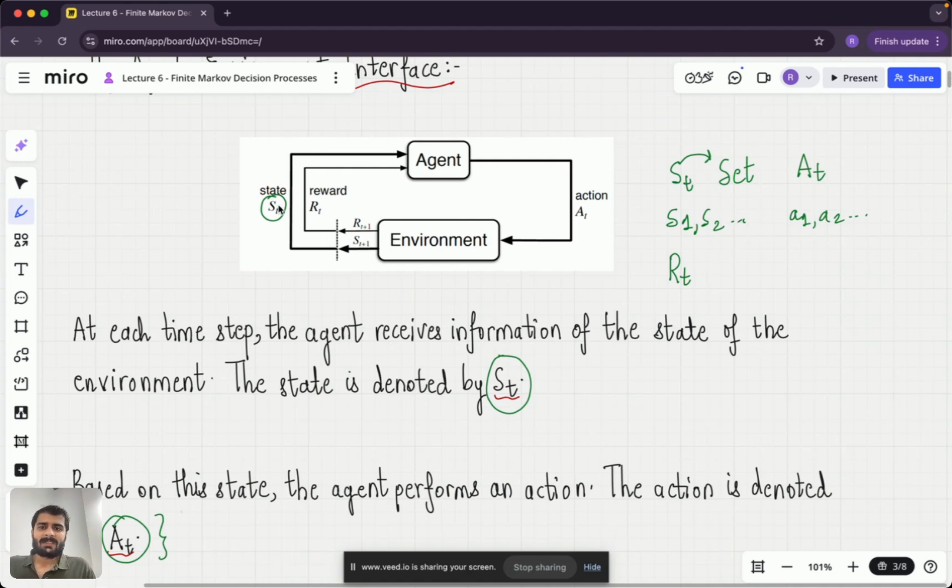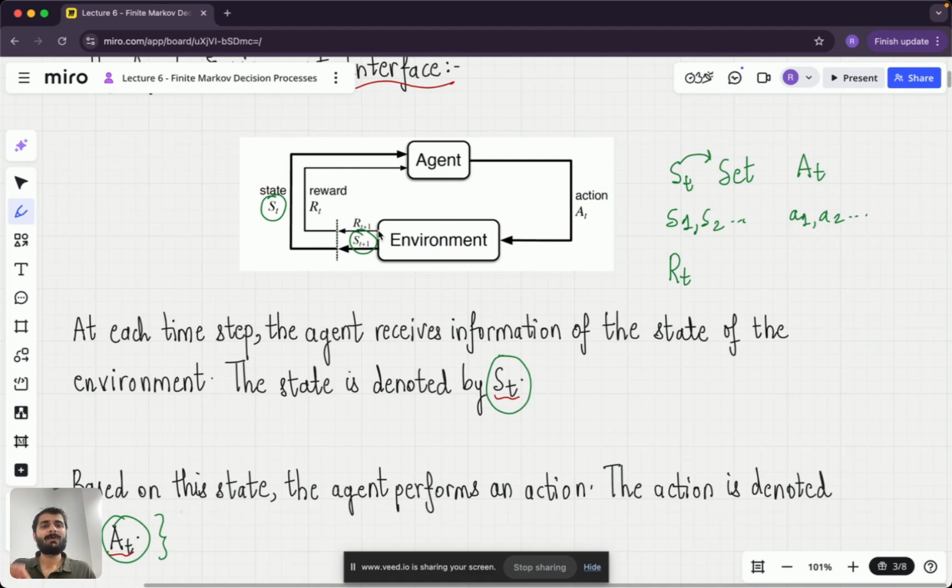So the agent receives a state, which is a signal from the environment S of t, and then it takes an action based on that signal. And then after it takes an action, the state is going to change. The agent is now going to receive a new state from the environment, which is denoted by S of t plus 1.